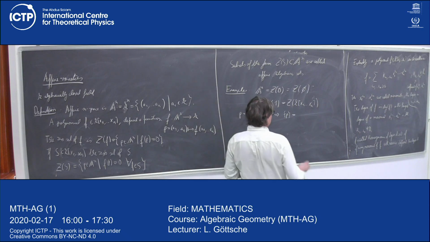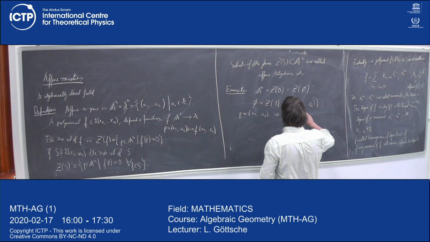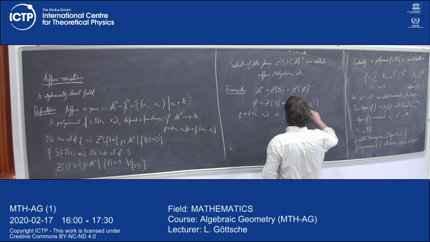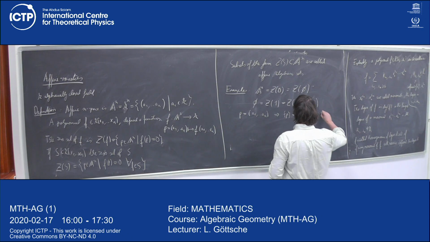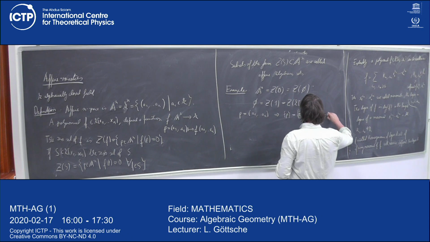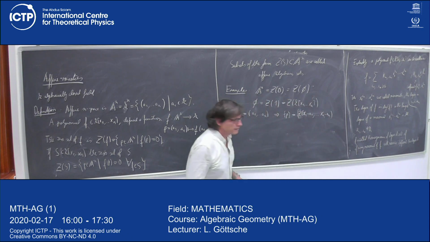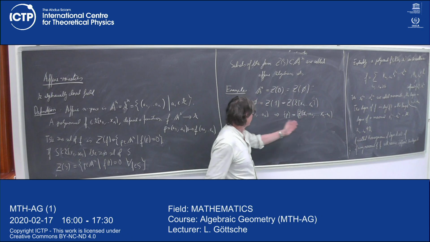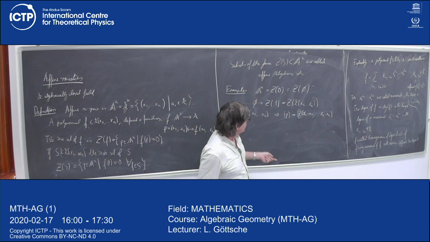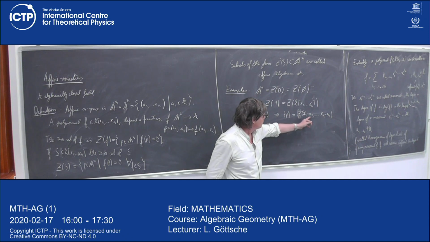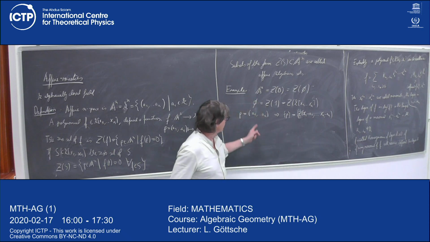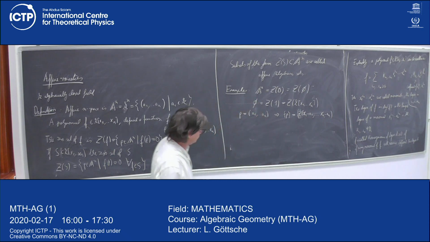So that means it's equal to the zero set of x1 minus a1, until xn minus an. Because this precisely means it consists of all points in A^n such that the ith coordinate is equal to ai. There's only one such point, namely this one.